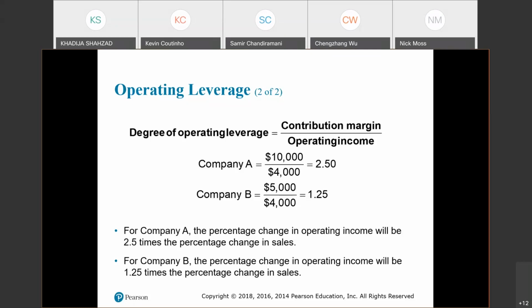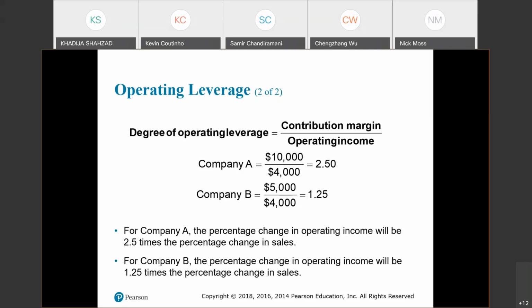But at a different sales level, let's decrease the sales level from 500 units to 400 units. And the selling price remains constant for both companies.